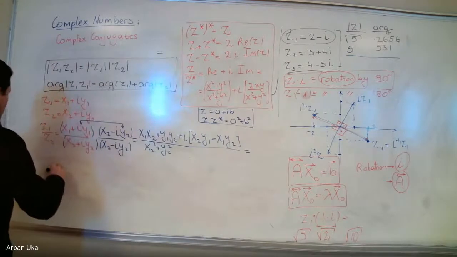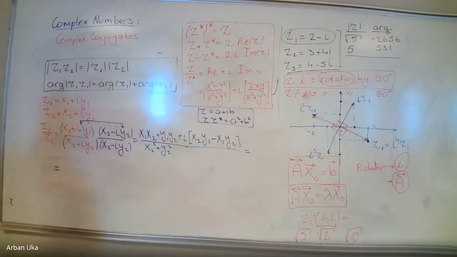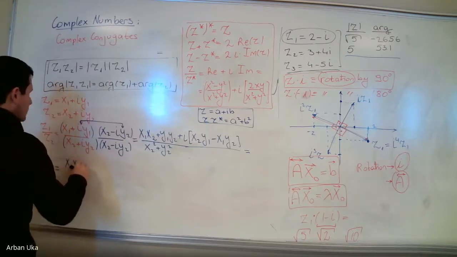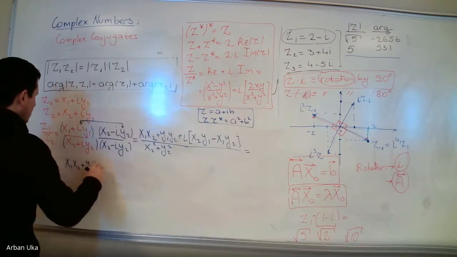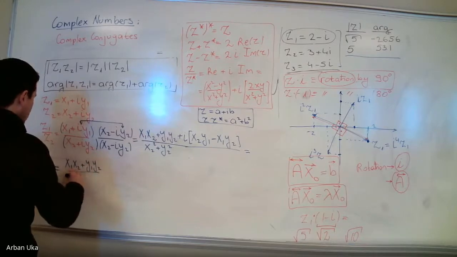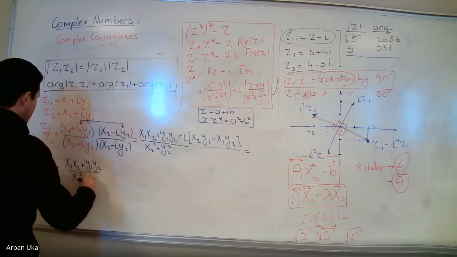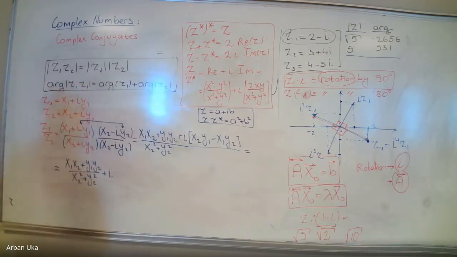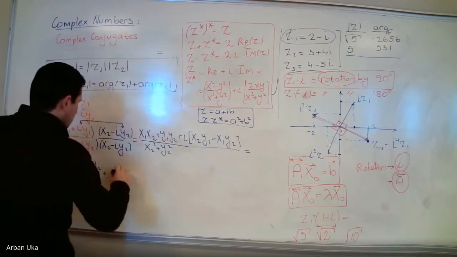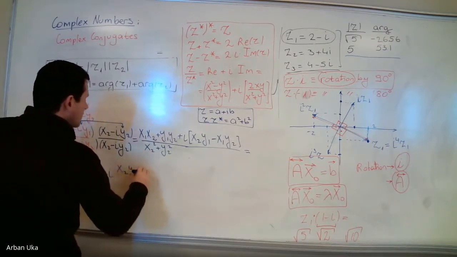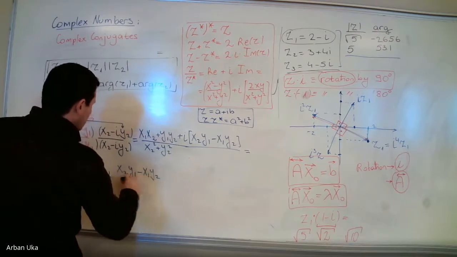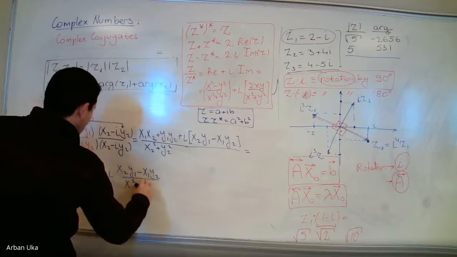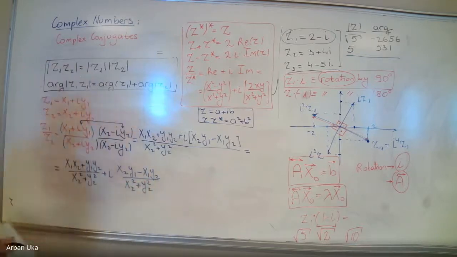So the division between any two complex numbers is equal to x1 x2 plus y1 y2 divided by x2 squared plus y2 squared, plus I times x2 y1 minus x1 y2 divided by x2 squared plus y2 squared.